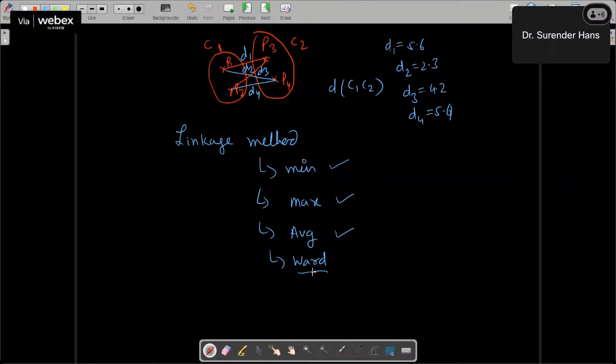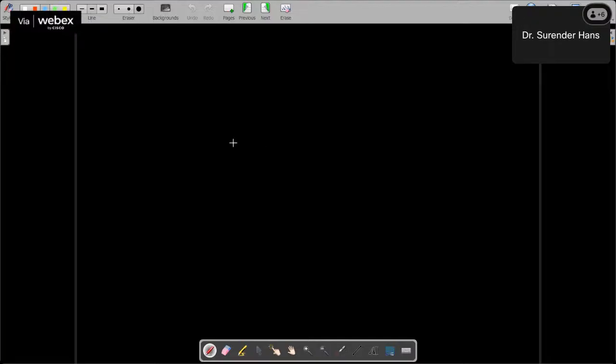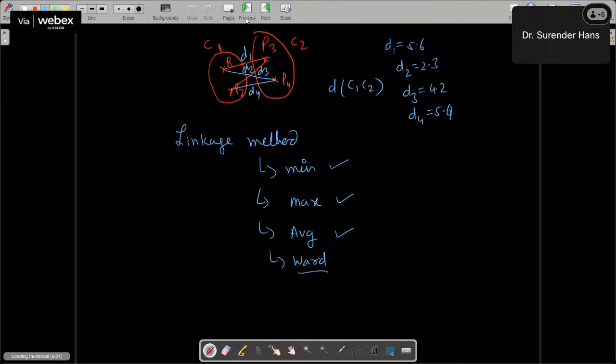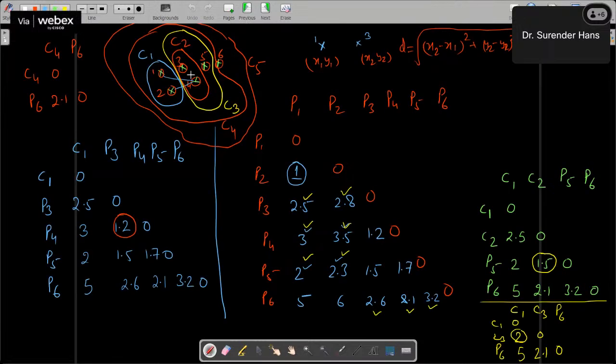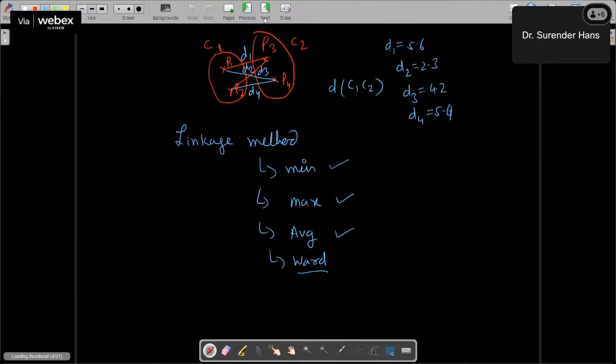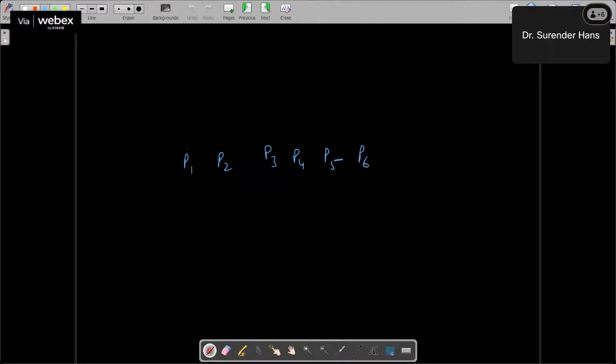Clear? So now finally we have the dendrogram. So dendrogram like this one: P1, P2, P3, P4, P5, and P6. So P1, P2, then P3, P4.